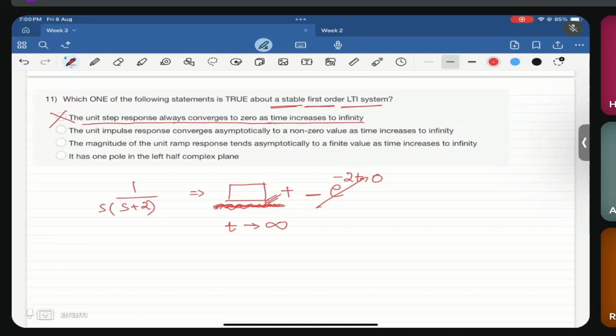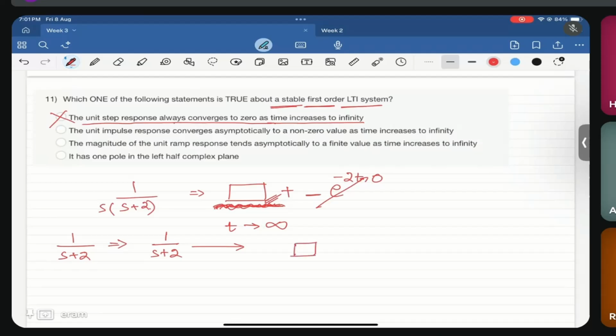And what is the second option? The unit impulse response converges asymptotically to a non-zero value as time increases to infinity. Okay, let's check this one also. Let's suppose the first order transfer function is again 1 by s plus 2, right? It is a stable LTI system. Now for the impulse input, U(s) is 1 in this case. What will the response be?